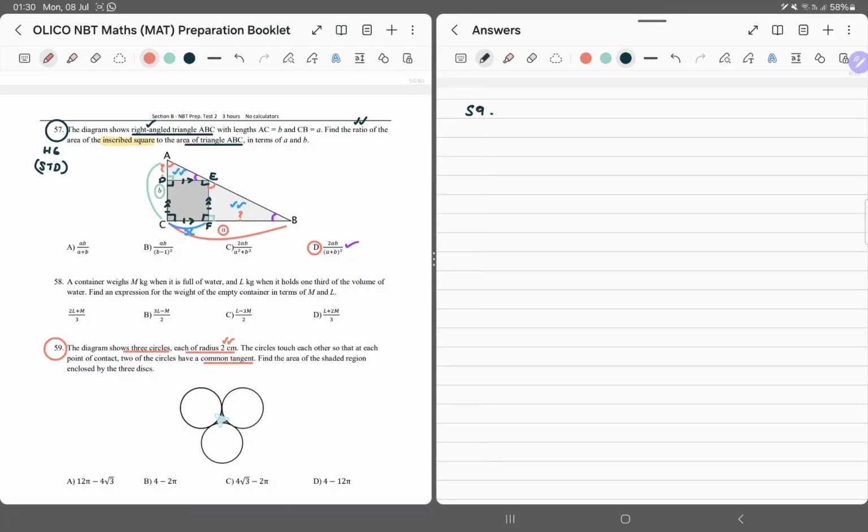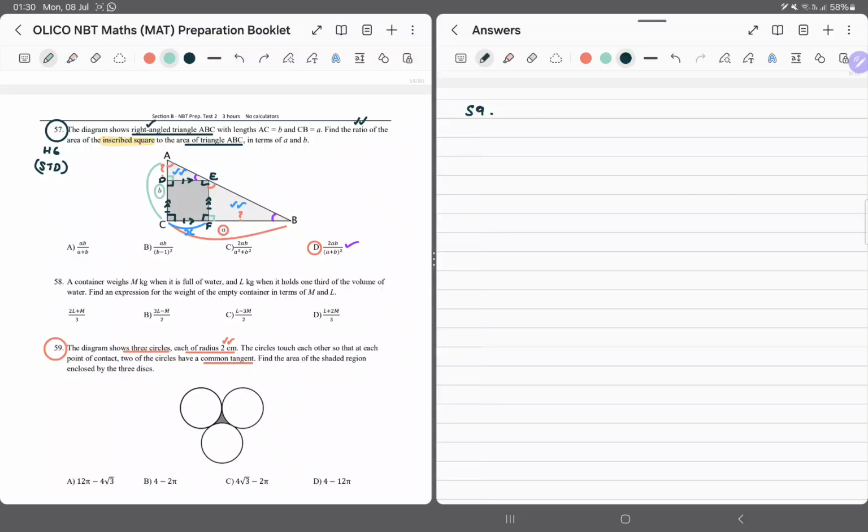All right, so we can see here, if we were to draw a tangent through here, 2 of them would have a common tangent. If we draw it like this, 2 of them would have a common tangent. If we draw it like that, 2 of them would have a common tangent, while the tangent becomes a second to the third circle. Okay, so that is the image being portrayed here.